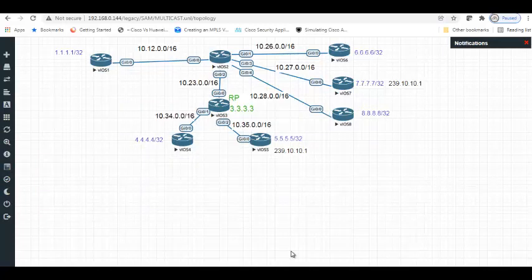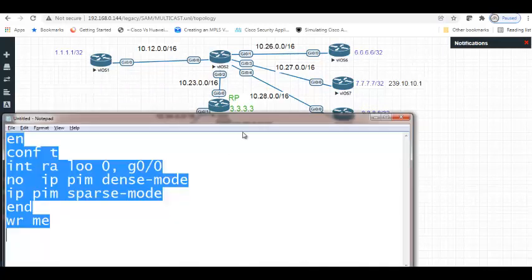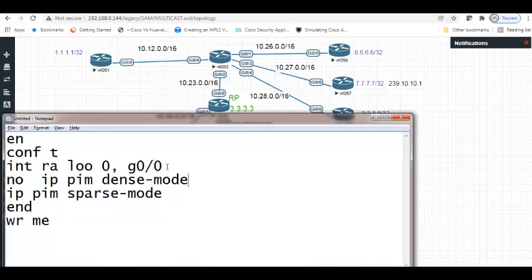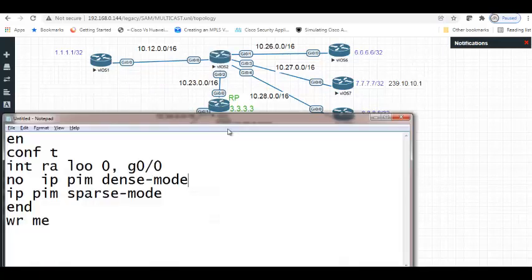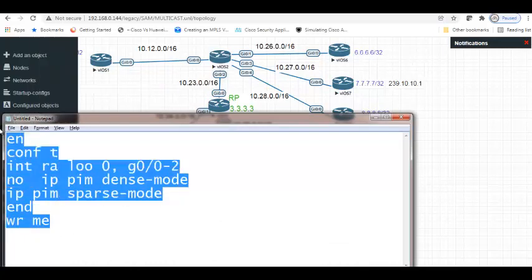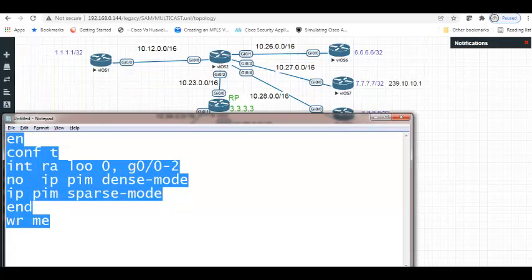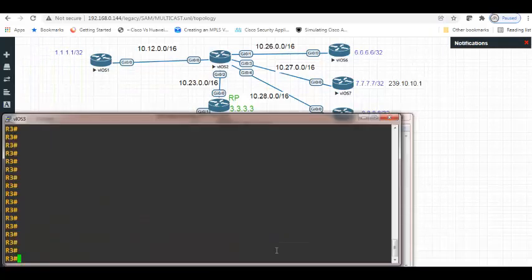And on router 3 we need to add 2 more physical interfaces. They are G0/0, 1 and 2. So it's going to be 0-2. Router 3 is also ready.